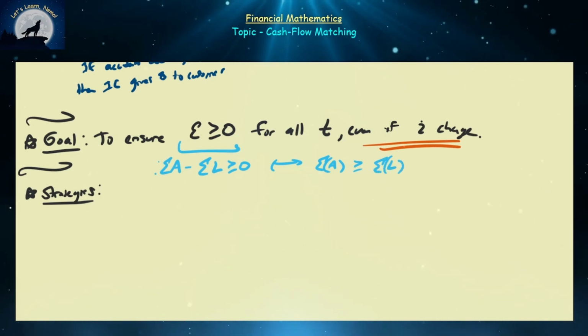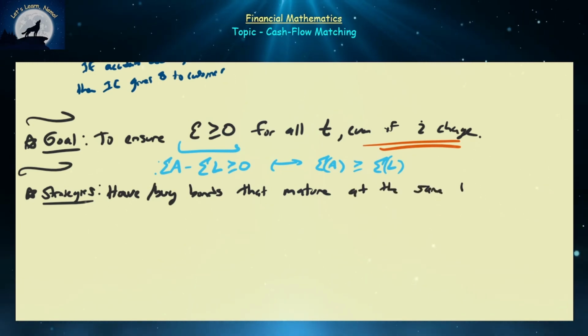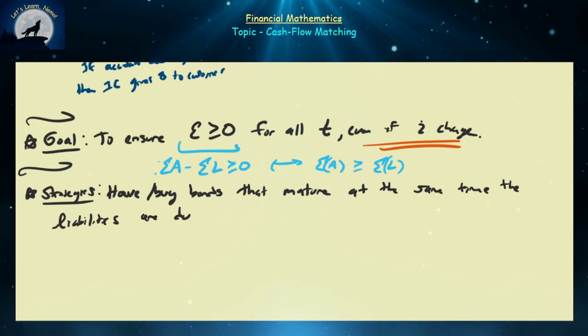Right? So one strategy that builds into this cash flow matching is to buy bonds that mature, and take a guess when you would like those to mature. They should mature at the same time the liabilities are due.